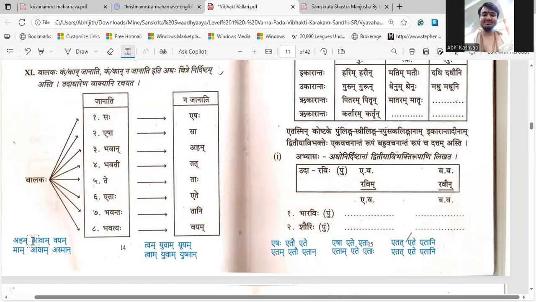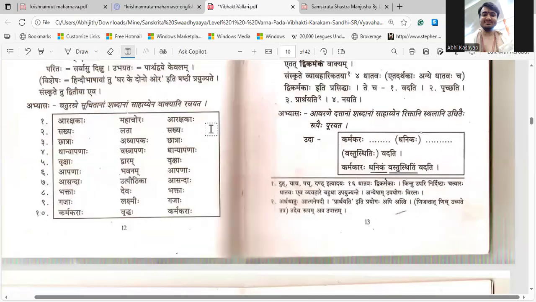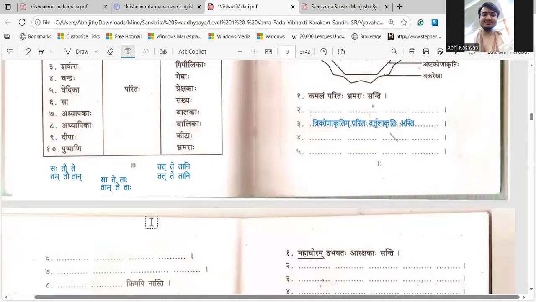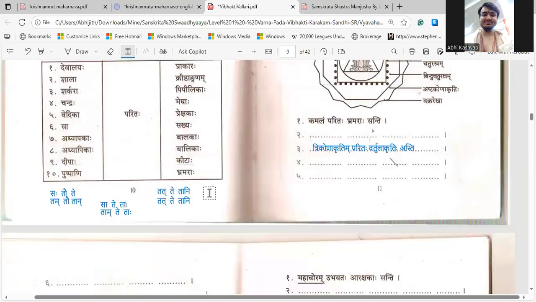Aham, mam. Can you see any similar words they have given over here? See, tat is given over here. Tat we have done, no? Tat, te, tani. Etat, ete, etani. Similar.